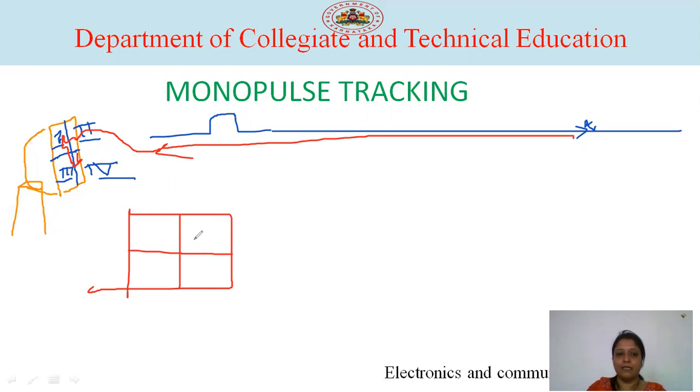For example, suppose you have received the signal like this. Suppose this is the first one, this is the second one, this is the third one, and this is the 4th one. Suppose the echo signal is falling like this, what does that indicate?